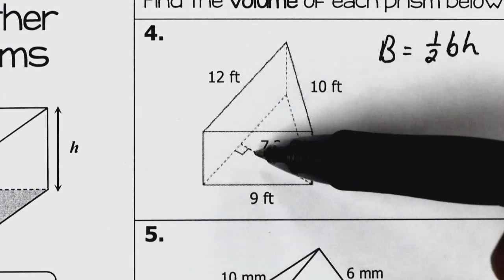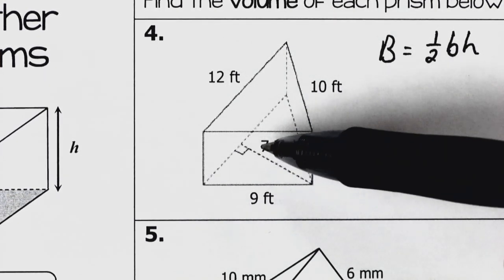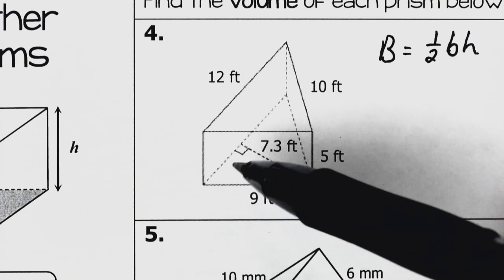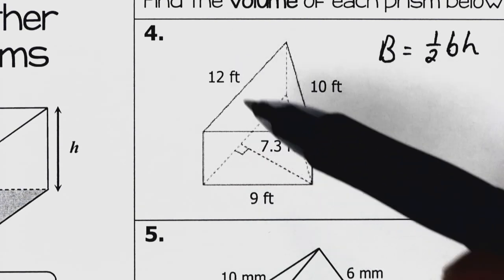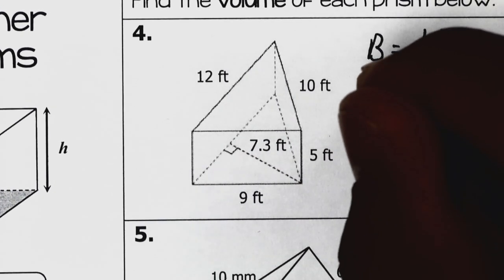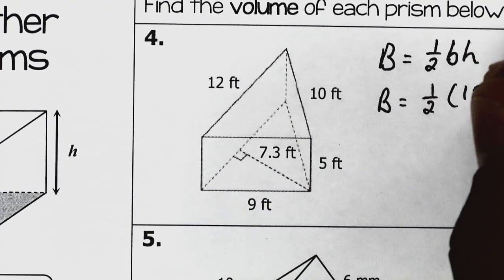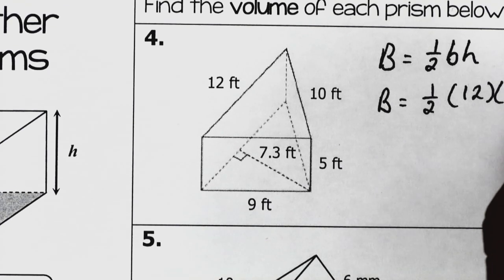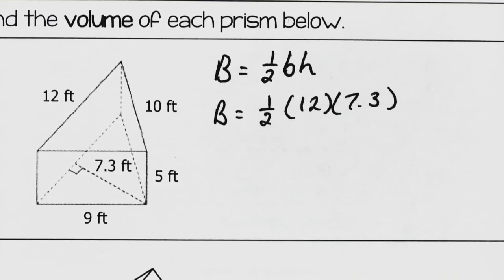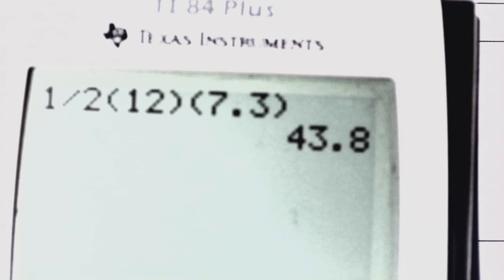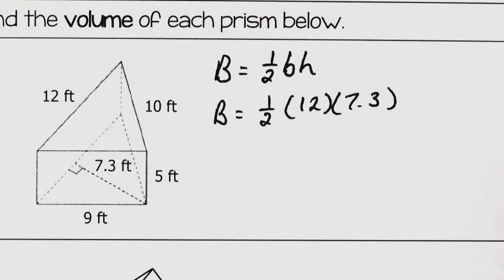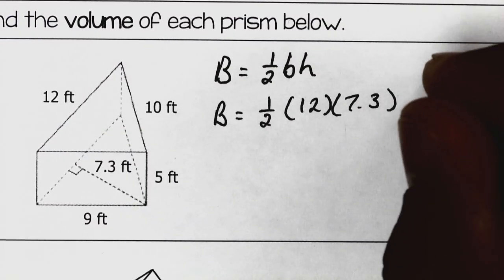It's this 7.3 because it makes the right angle. The right angle hits this line right here, which is the measure of 12. So big B is going to equal 1/2 times the base, which is 12, times the height, which is 7.3. So 1/2 times 12 times 7.3 gives me 43.8. So that's what big B is.